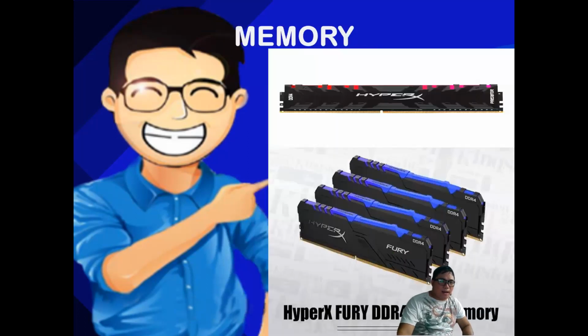Sa memory naman, we are very familiar right now that we are on the generation of, what generation are we on? Of course, we are on the DDR4 going to DDR5, the double data rate RAM. So we are on the DDR4 right now, up to 3600 to 3200s. So na 3600 na siya na frequency, napakabilis.